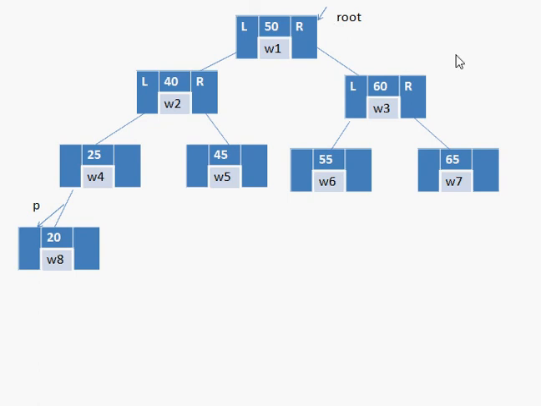Now suppose the element is not found, then this whole program is going to return null, indicating that there is no such key present. Assume you take 75 as the key element. Initially P will point here, then 75 is not less, it is greater. So in that case P will be P of right side, and you will point here. Again 60 will be compared with 75. 75 is greater, so again you have to traverse to the right side.